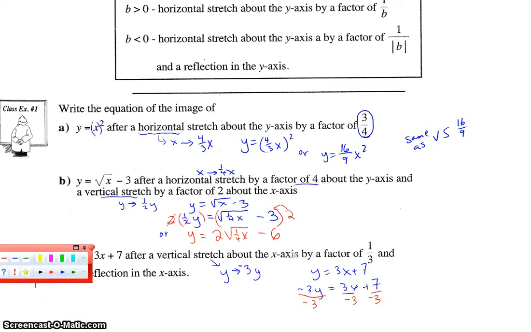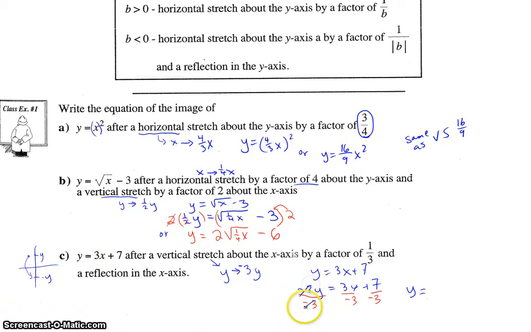That'll aid in simplifying in a second here. So y, because now negative 3 is gone there, equals 3 divided by negative 3 is negative 1, or negative 1x. And then positive 7 divided by negative 3 would be negative 7/3. And there we go. That could be our answer. All right, let's look at the next page.